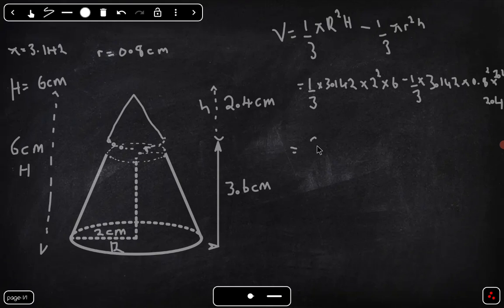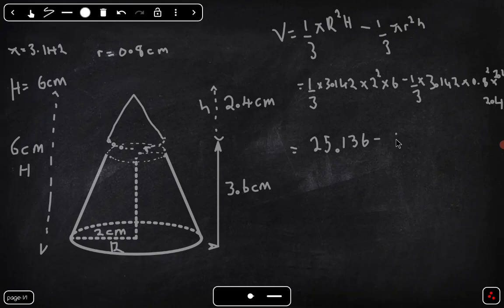On this side you get 25.136, minus this side again: 3.142 times 0.8 squared times 2.4, divided by 3.